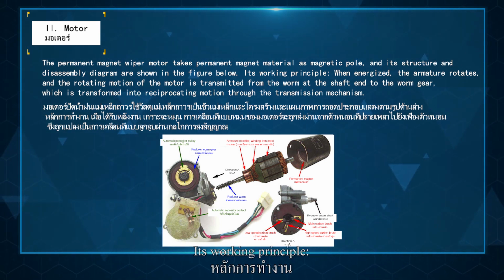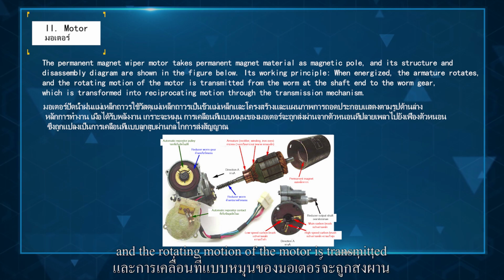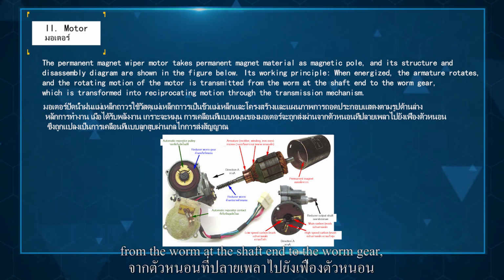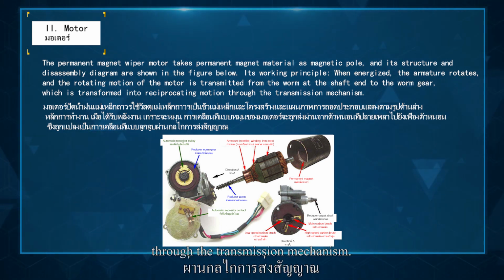Its working principle: when energized, the armature rotates, and the rotating motion of the motor is transmitted from the worm at the shaft end to the worm gear, which is transformed into reciprocating motion through the transmission mechanism.